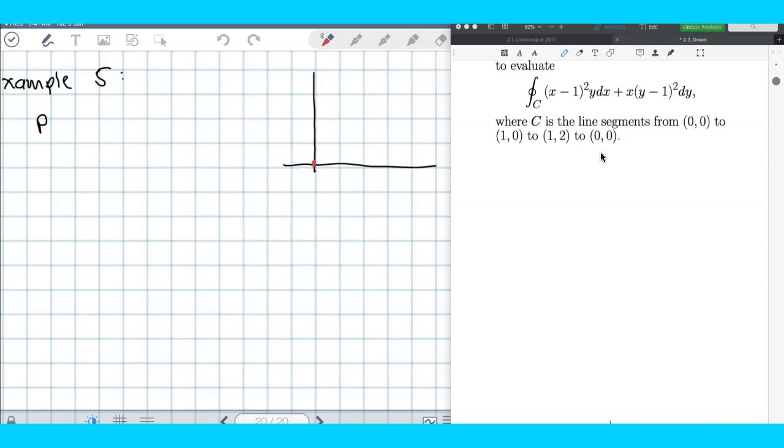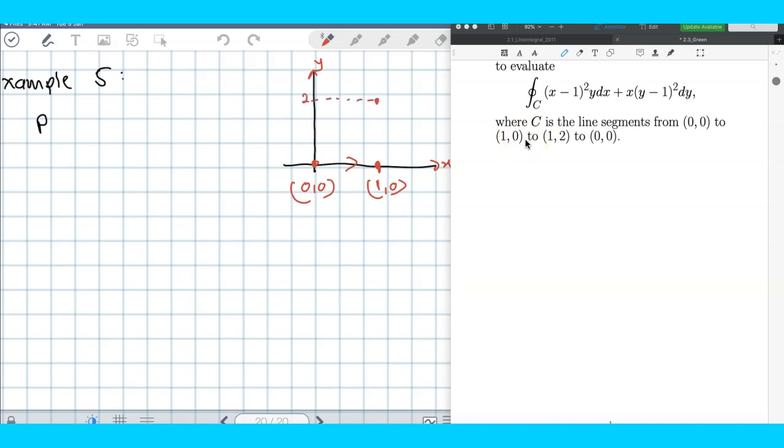So that is your initial point, 0, 0. And then from 0, 0 to 1, 0, and 1, 0 to 1, 2. You have to know how to read this. So from 0, 0 to 1, 0, from 1, 0 to 1, 2.